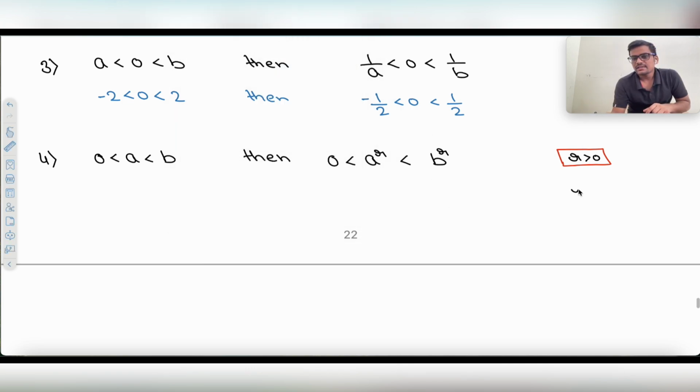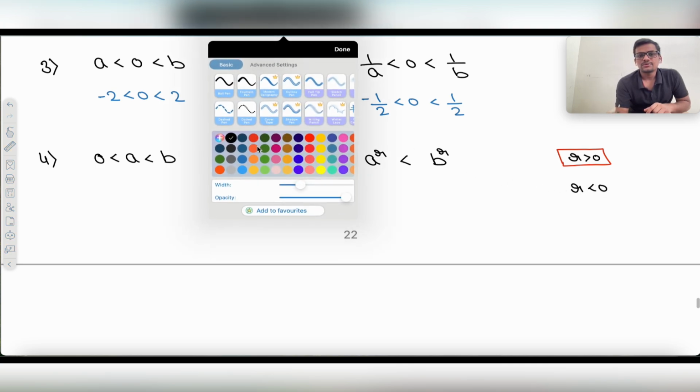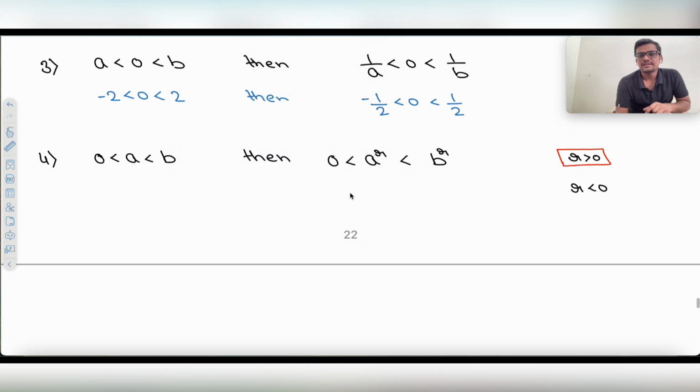If R is negative, then this function will be strictly decreasing, and because of that A to the power R will be greater than B to the power R. That is, the inequality will change, and taking the power will not change the positivity, so it will always be greater than 0.